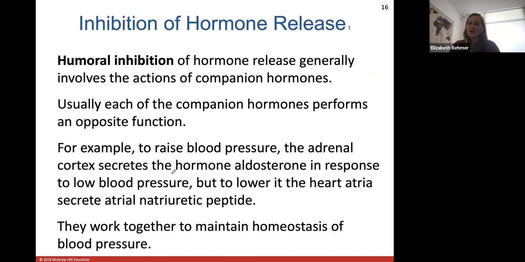So for example, to raise your blood pressure, your adrenal cortex, your adrenal gland on top of your kidneys, will secrete aldosterone in response to low blood pressure. But to lower blood pressure, your heart atria secrete a hormone called atrial natriuretic peptide. So we have aldosterone and atrial natriuretic peptide working together to maintain the homeostasis of blood pressure.